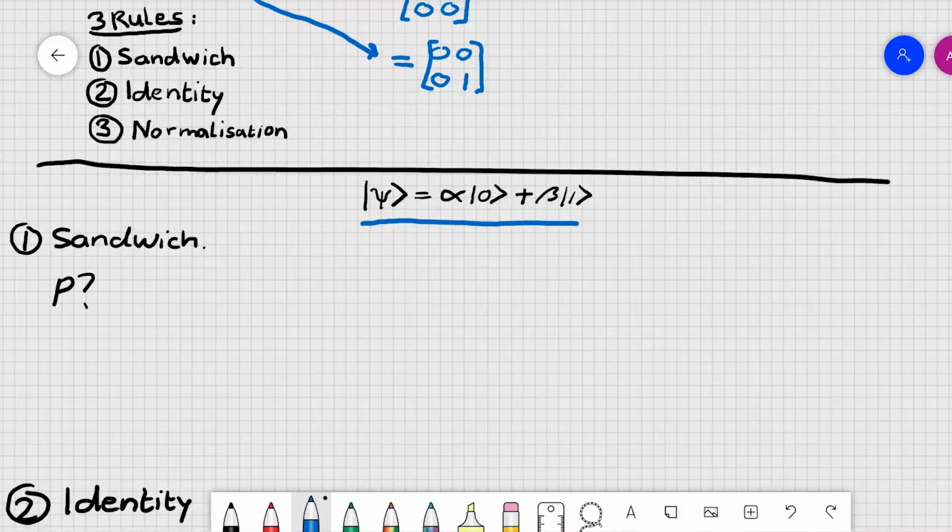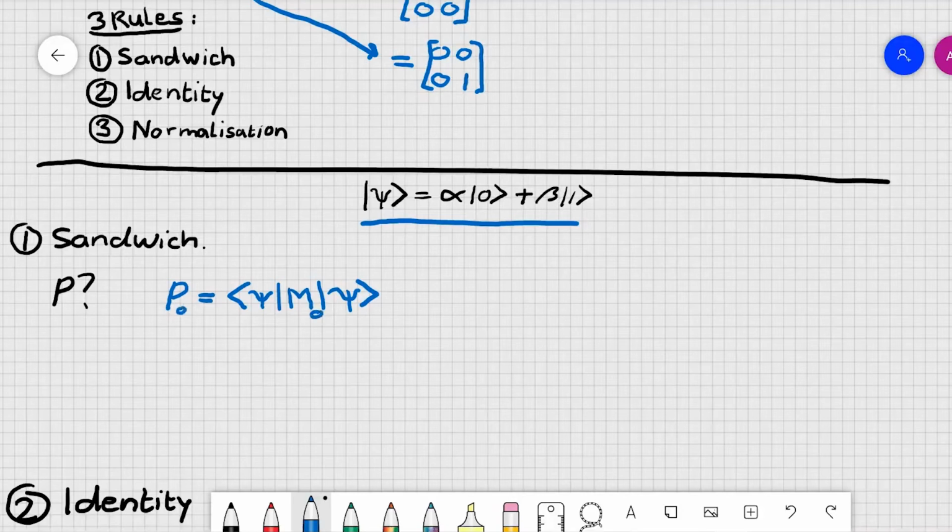Now, calculating the probability is the same as calculating the expectation value of the measurement operator. We calculate the expectation value of an operator by sandwiching it in between the state vector. So P is bra psi, M, ket psi.